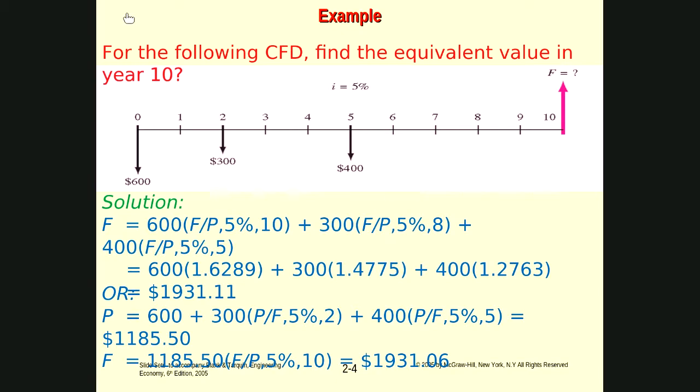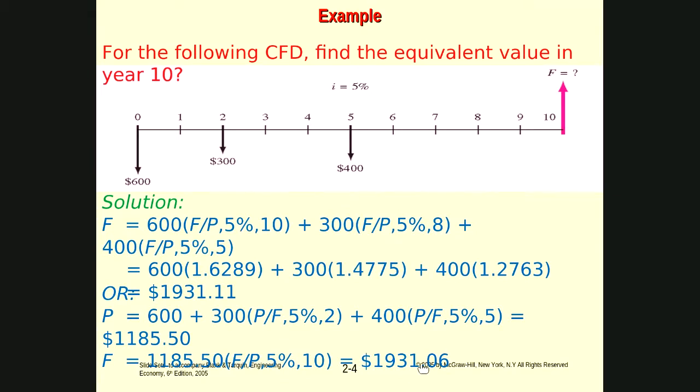Let's zoom out. So this is 1.629, and we all see from the table where it came from, and also the 1.477. The same applies for the remaining one. So you just multiply those with the value of money, and then you add them all together to get 1931.06.